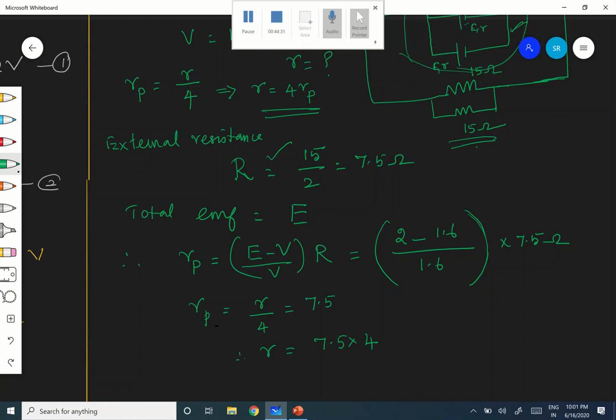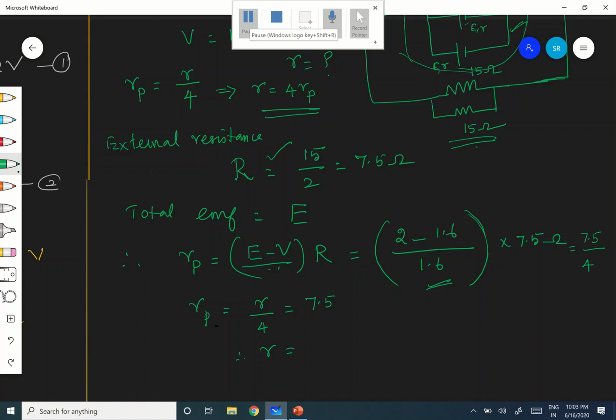Rp is equal to E minus V by V into R, and if you find it out, it is 7.5 divided by 4 into 2 minus 1.6 divided by 1.6.